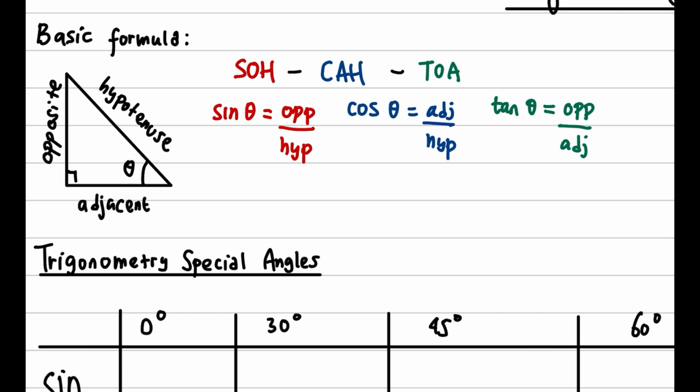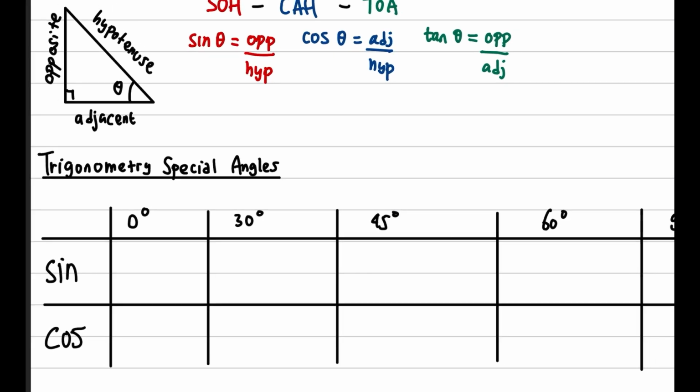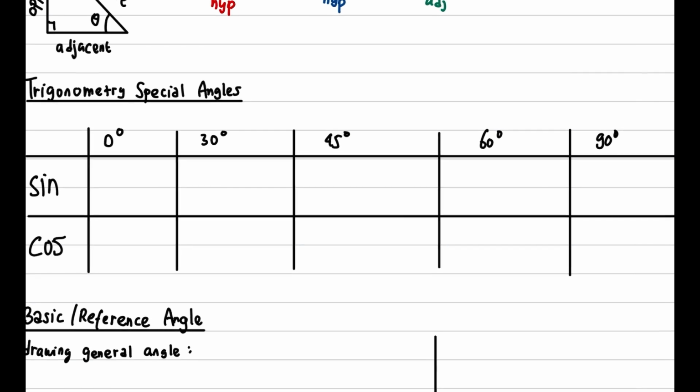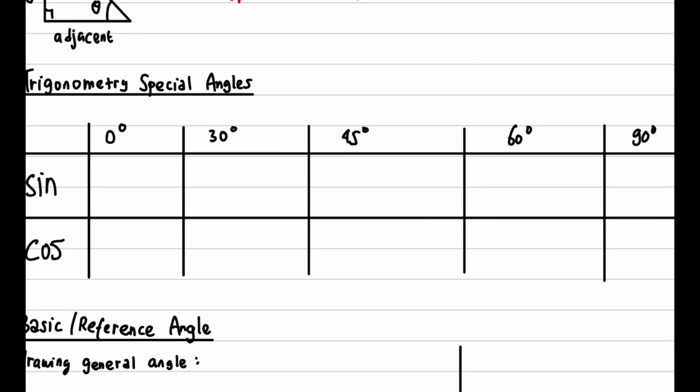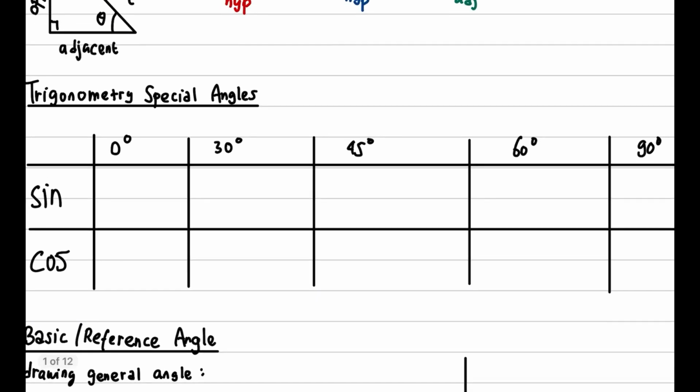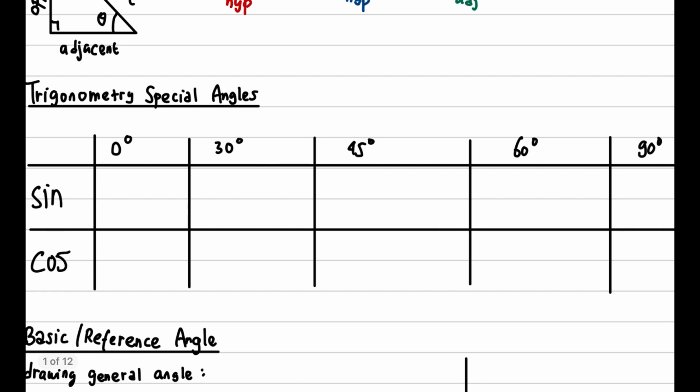But we can calculate the value of sine, cosine, and tangent without drawing a right angle triangle if the angle is a special angle. In trigonometry, we have 5 special angles, which are 0, 30, 45, 60, and 90.